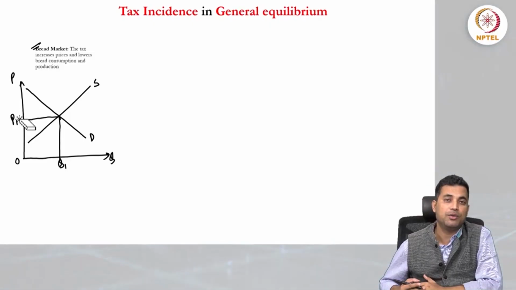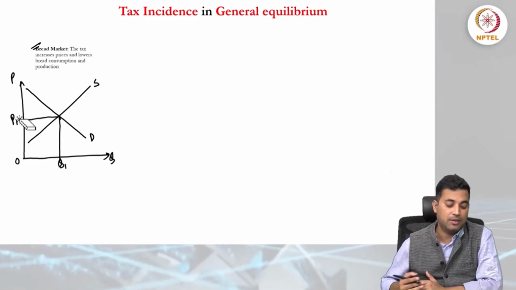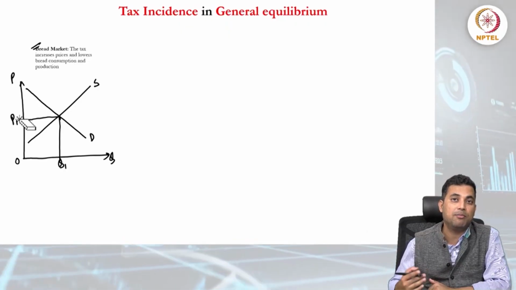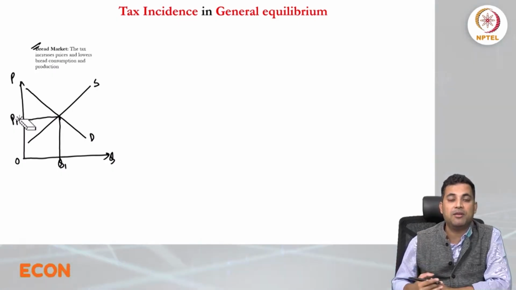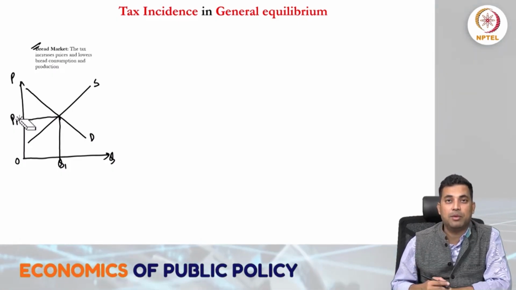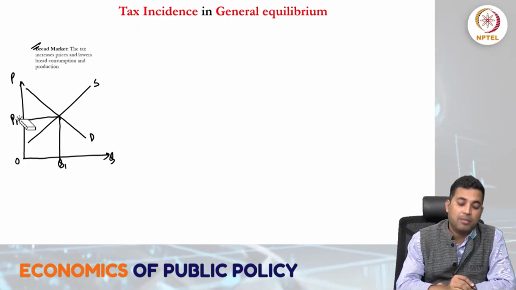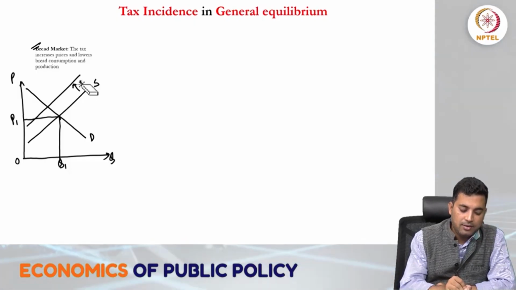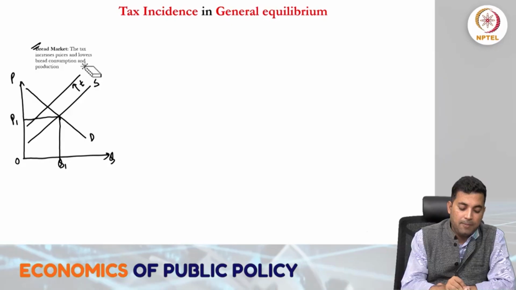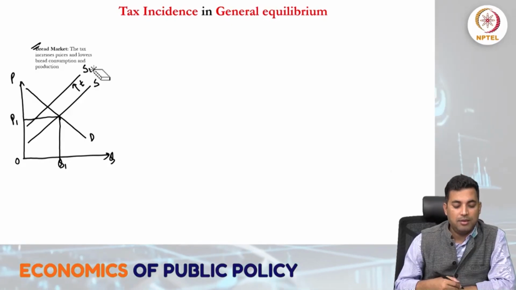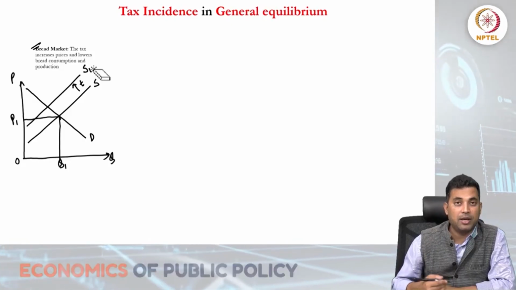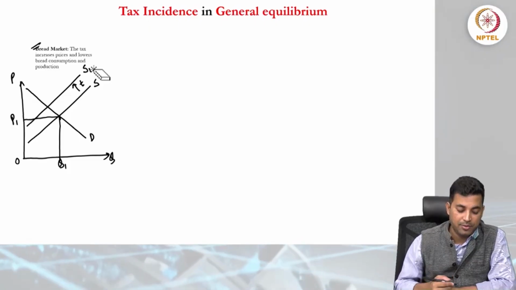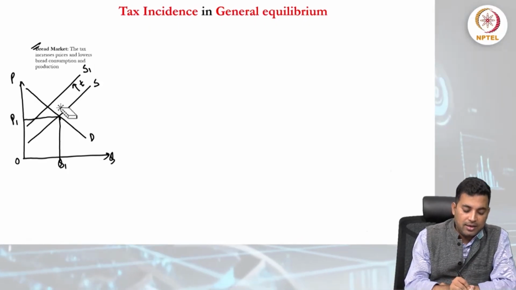By now I am sure you agree that the tax will be imposed on the producers, and the producers' behavior is reflected in the supply curve, which will shift leftward, and this gap is called T. So the supply of bread shifts from S to S1 because the tax is imposed. As a result, we get a new equilibrium point.